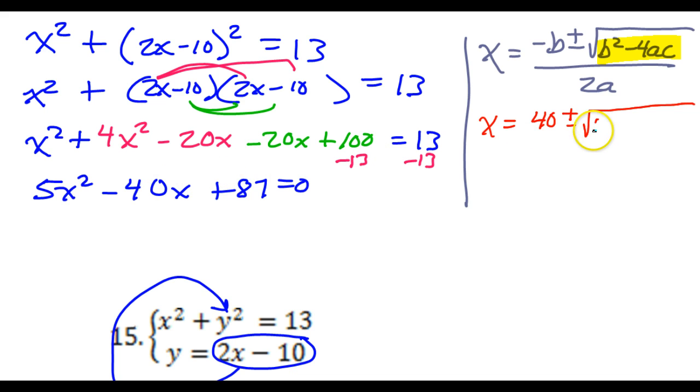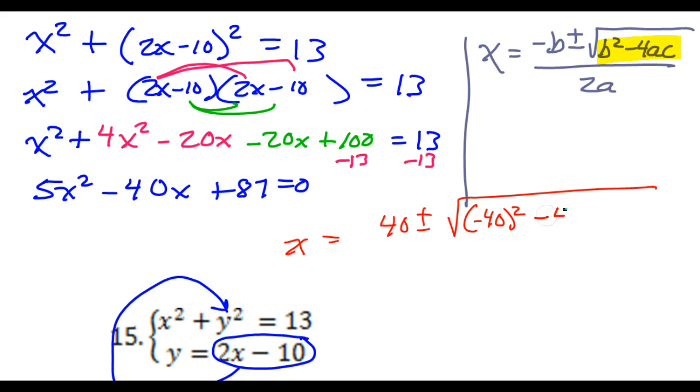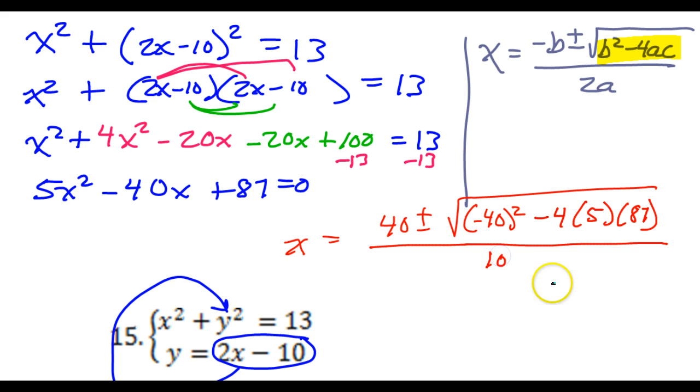So that's negative 40 squared. Make sure you put it in parentheses. Minus 4AC, so that's minus 4 times 5 times 87, all over 2A. A is 5, so 2A is 10.